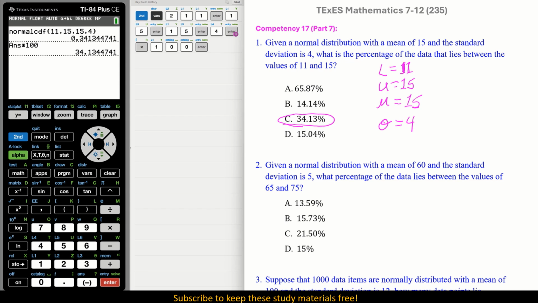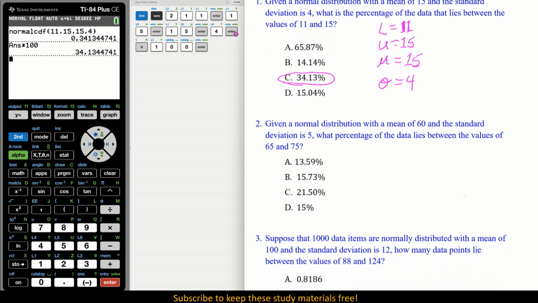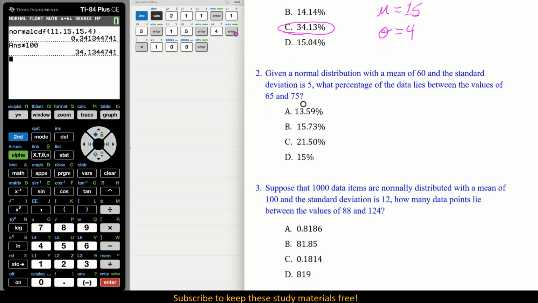Now let's keep going to number 2. As we move along, the conditions will change a little, and as they change, I'll explain it to you. Given a normal distribution, and that's basically code, you can use what you have in your calculator. It's not a different type of distribution.